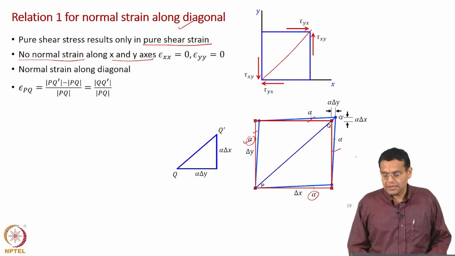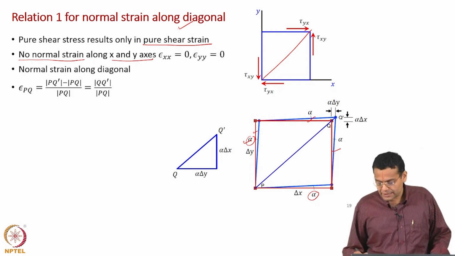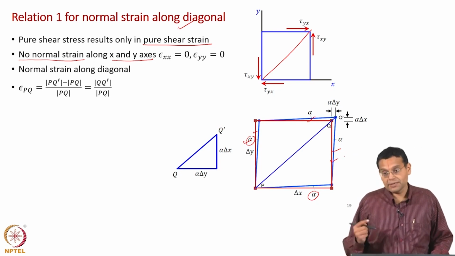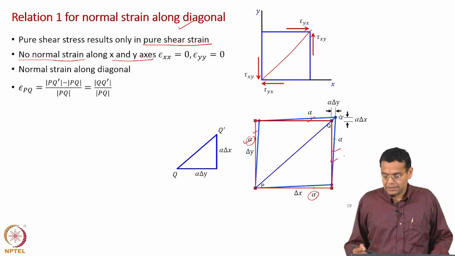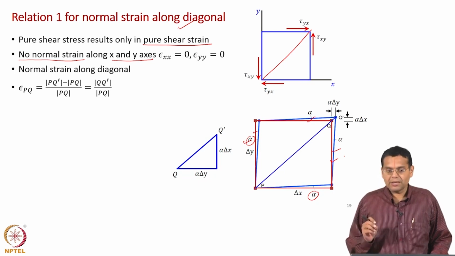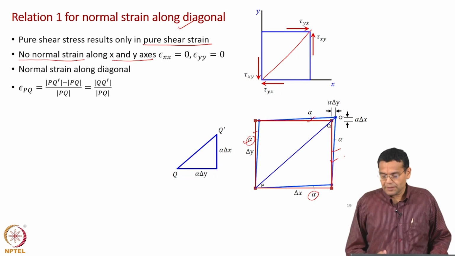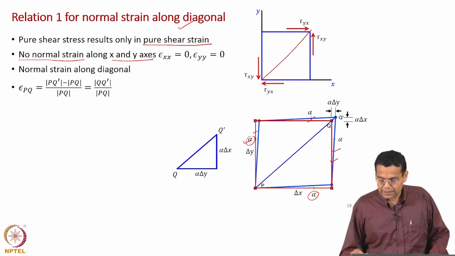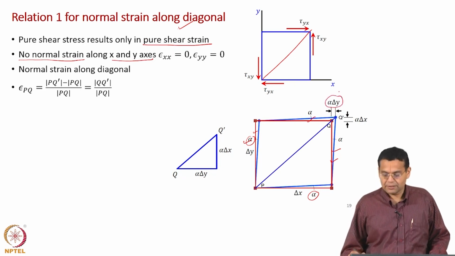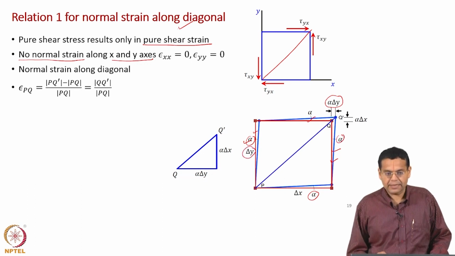Now, how do we find the length of QQ dash? For that, let us consider this triangle as we have discussed earlier. When alpha is very small, it can be approximated to a triangle. When you consider that triangle and take tan alpha as approximately equal to alpha, then this side is alpha delta y. This angle is alpha, and this length is delta y.